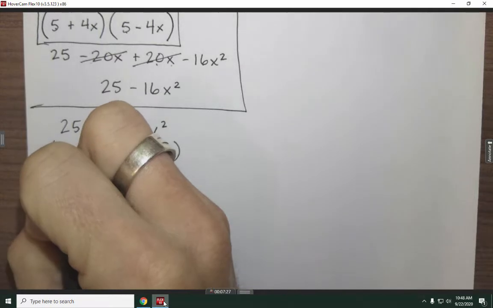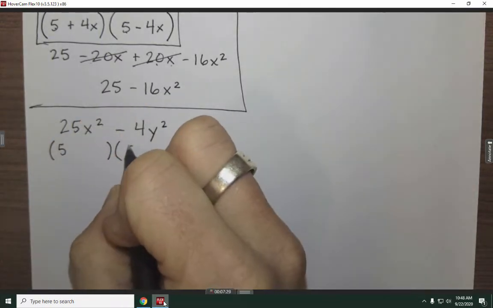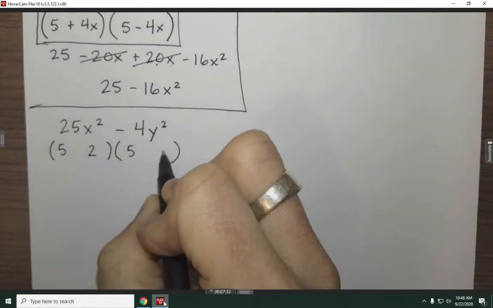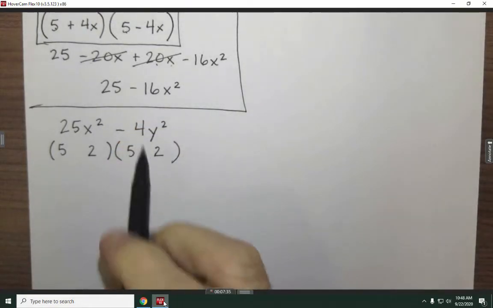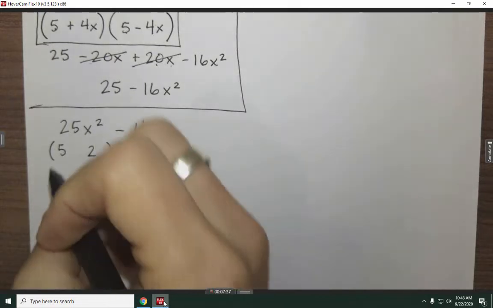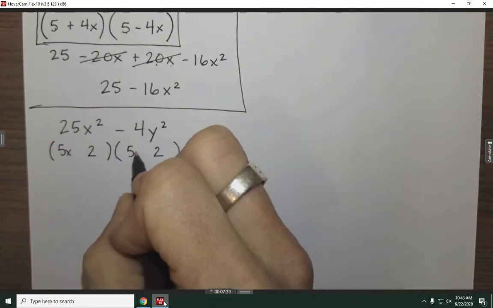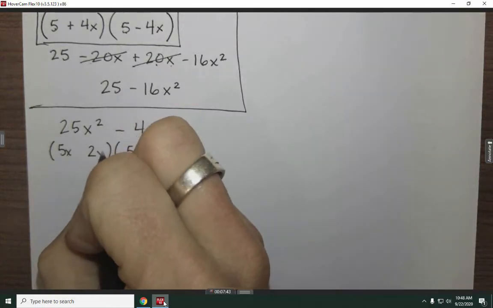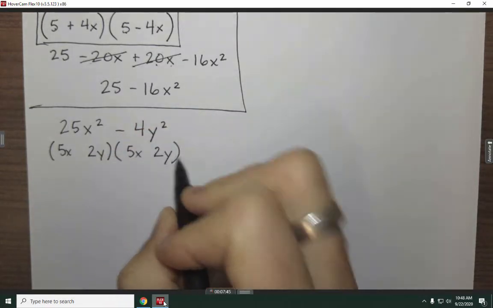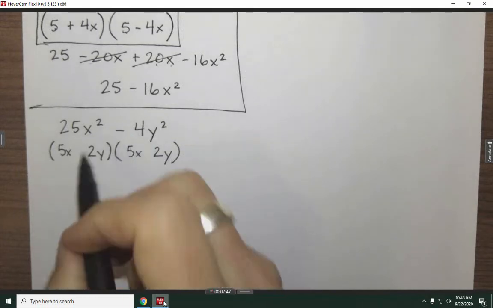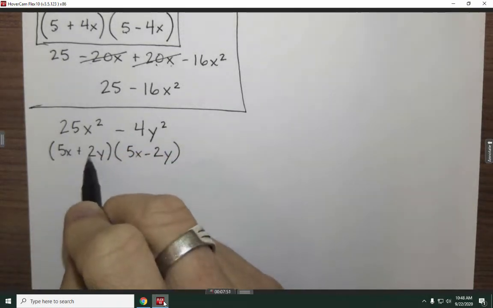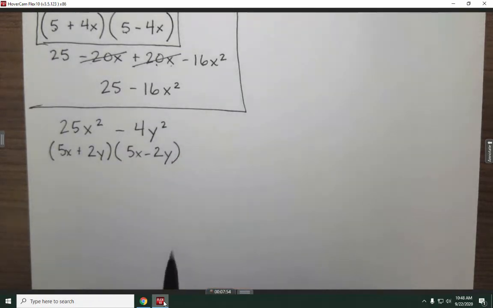So we know we're going to need 5 times 5 to make that 25. We need 2 times 2 to make that 4. We need x times x. We also need y times y. Now, just like on the other one, to cancel out the middle term, we're going to need a plus and a minus. That also makes this a negative.